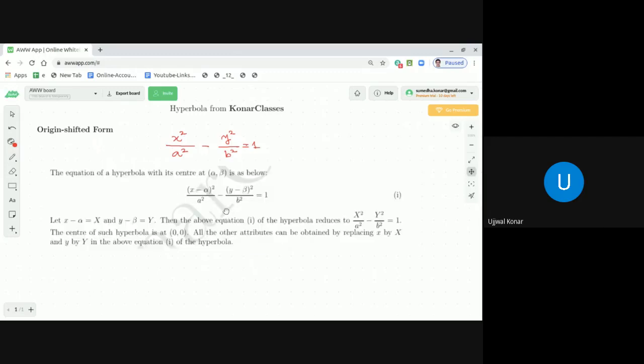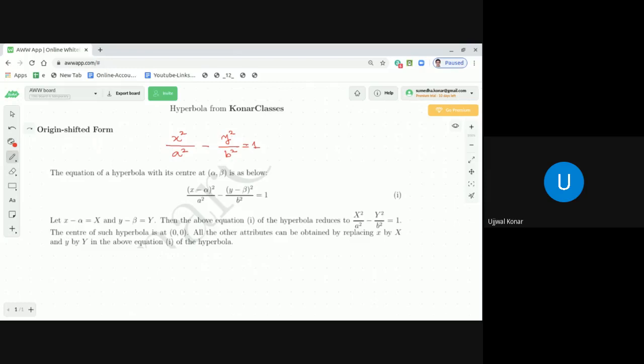Notice this minus sign here, dear students. That is very important. So the equation of a hyperbola with its center at alpha comma beta is x minus alpha whole square by a square minus y minus beta whole square by b square equal to 1.